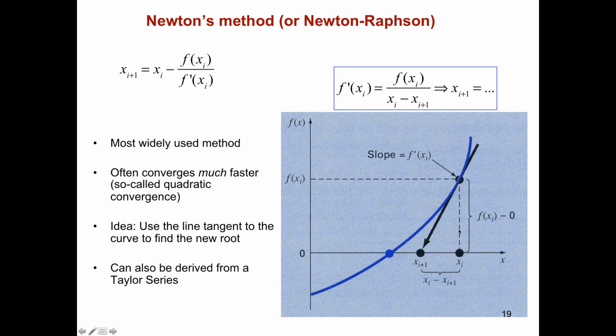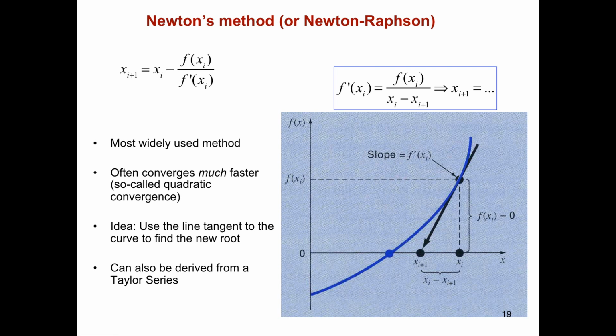So this length here is f of xi. This length here is xi minus xi plus 1. That's going to give me my slope estimate, and from that I can compute what xi plus 1 should be. So it's essentially a calculation from this triangle, and that's where this formula comes from when you solve this: xi plus 1 is equal to xi minus f of xi divided by f prime of xi.